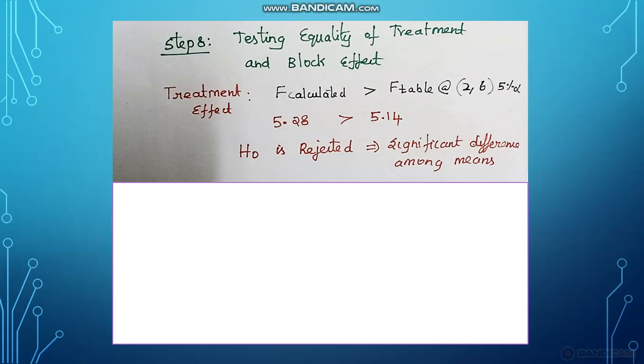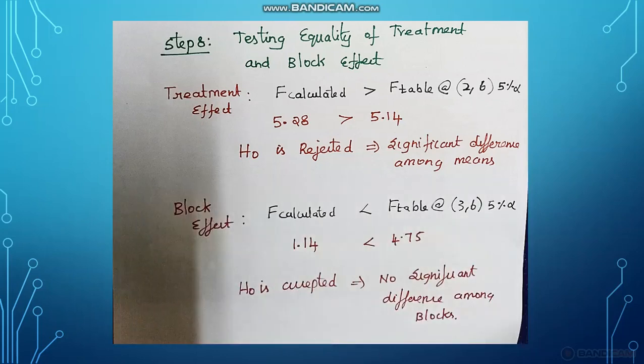So there is a significant difference among means because the F calculated value is greater than the F table value. And the block effect is non-significant because the F calculated value is less than the F table value. So in the analysis we got treatment effect significant and block effect non-significant.